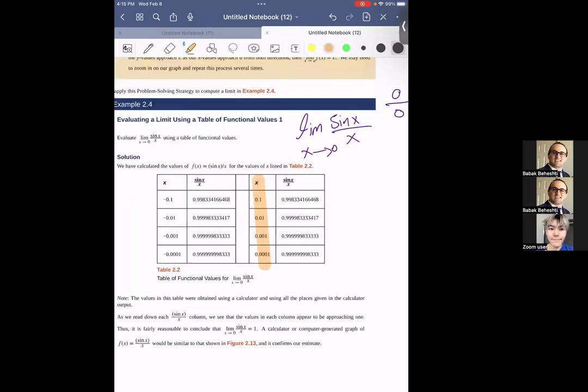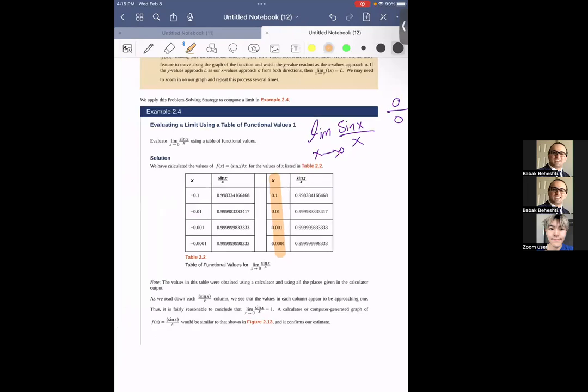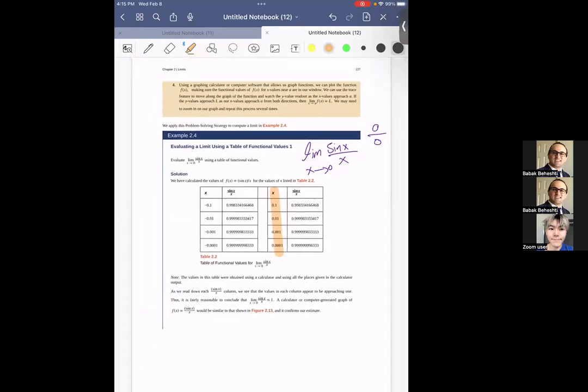So based on these values, these numbers, we can guess that this limit is equal to what? 1. Maybe later I show you another proof using geometry of triangles, why this limit is 1.